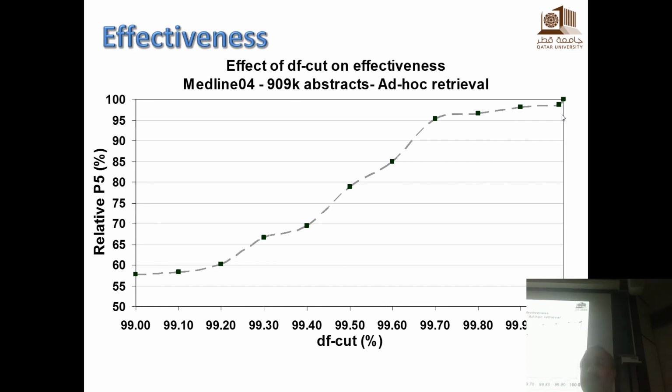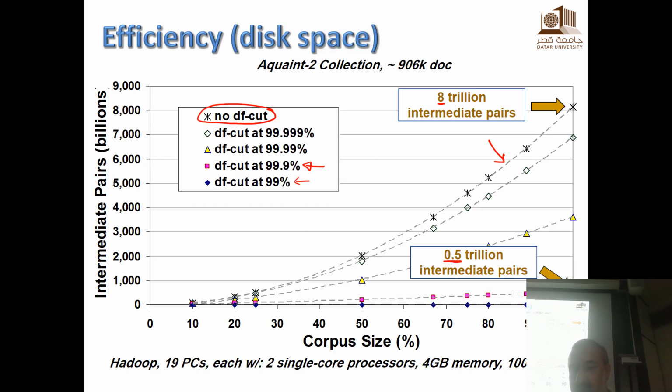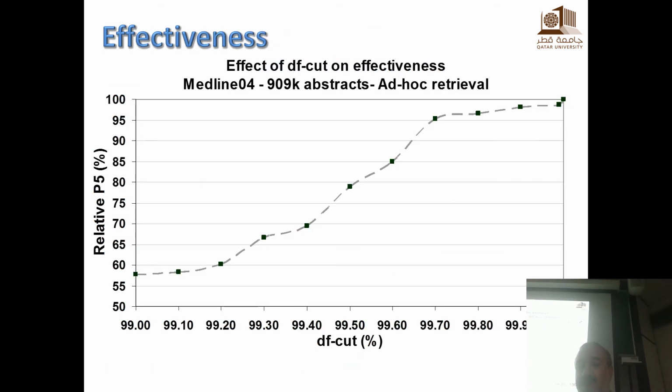And this is now the quality of the results. On the x-axis is the DF cut percentage that we experimented with. We experimented with several DF cuts. Where is the one that we were talking about? The one that we saw here, 99.9. So that's this one.